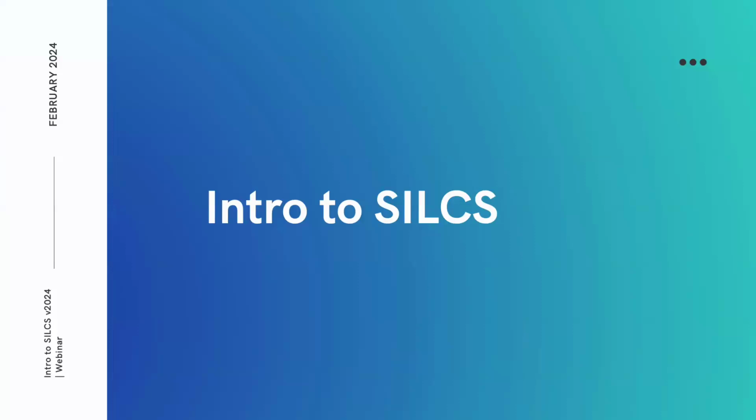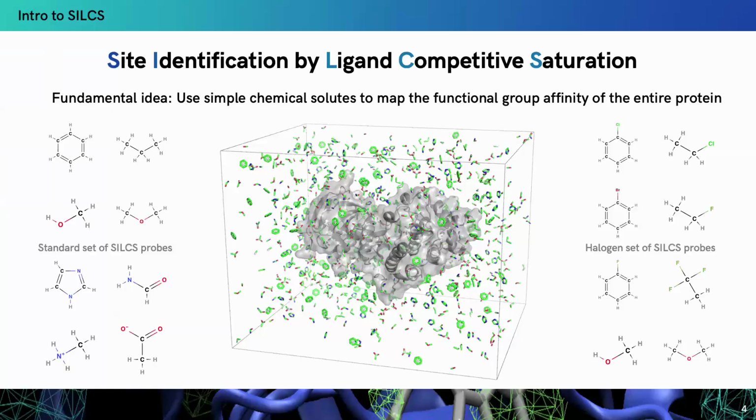Okay, let's begin with an introduction to SILCS. The fundamental idea behind SILCS, which stands for Site Identification by Ligand Competitive Saturation, is to use simple chemical solutes to map the functional group affinity of the entire protein. The probe molecules, along with water molecules, compete with each other to occupy the most favorable interaction sites on the protein surface.